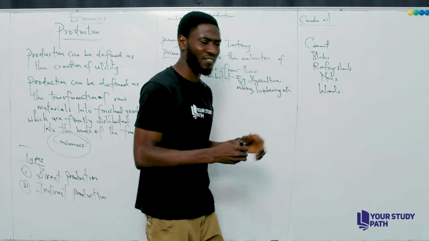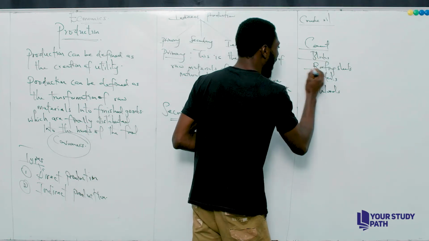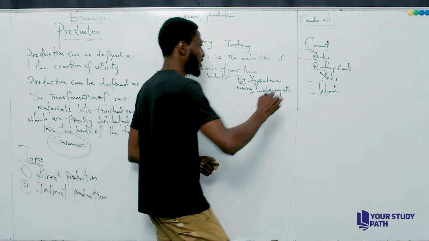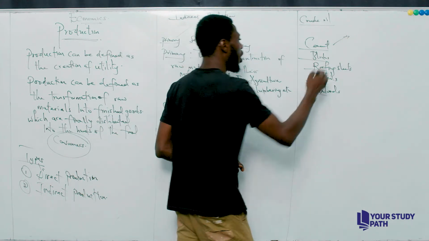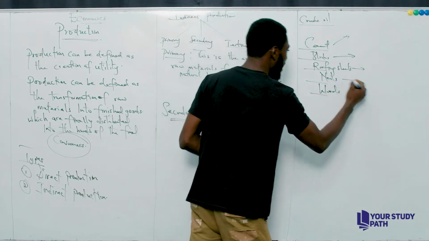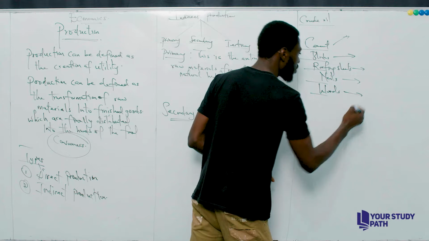You will observe that each of these items is actually a finished good. They are finished goods, okay? Cement is a finished good. Blocks, finished good. Roofing sheet, finished good. Nails, finished good. Wood, finished good.